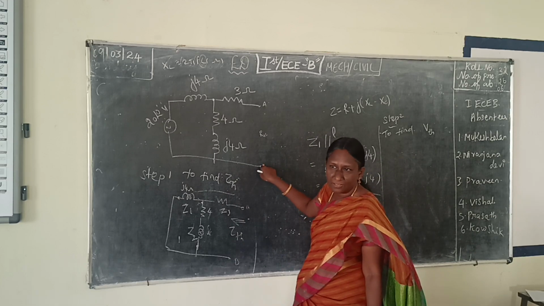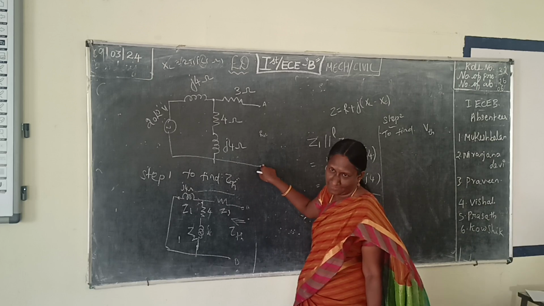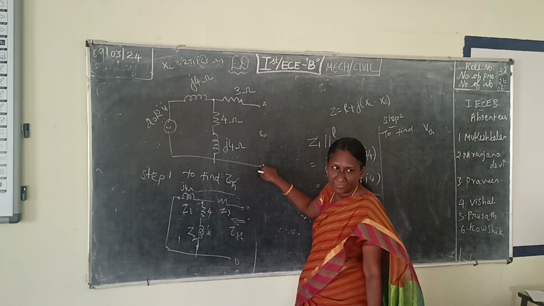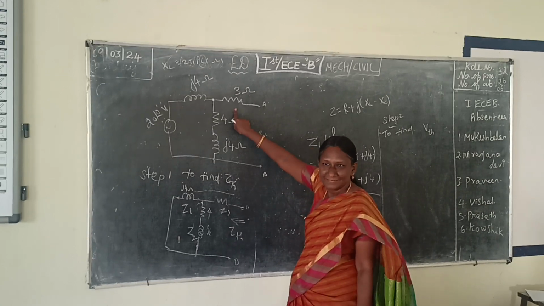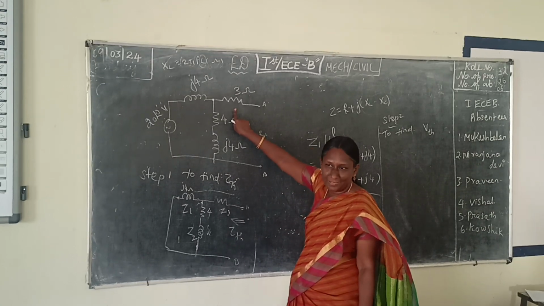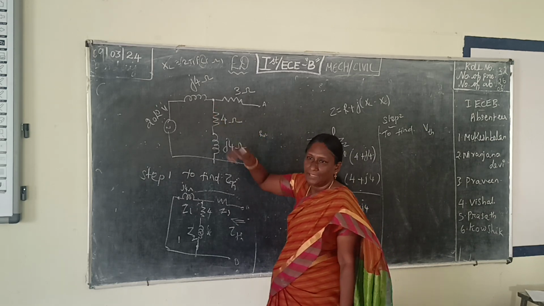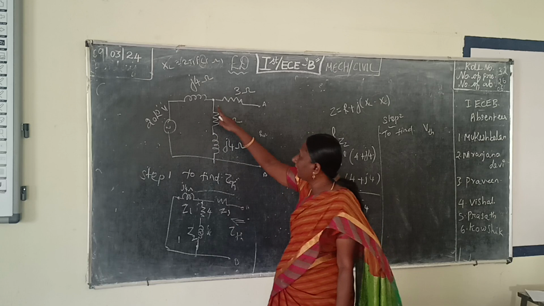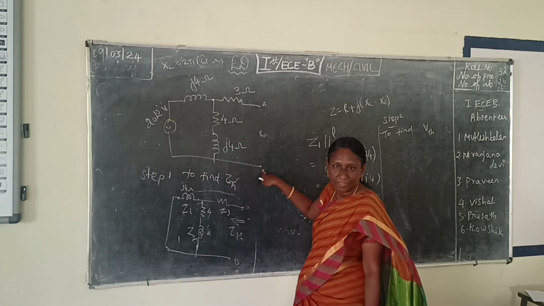Is it right or not? Why? A 3 ohm is given. Listen, I say that the voltage at this terminal is equal to VAB.